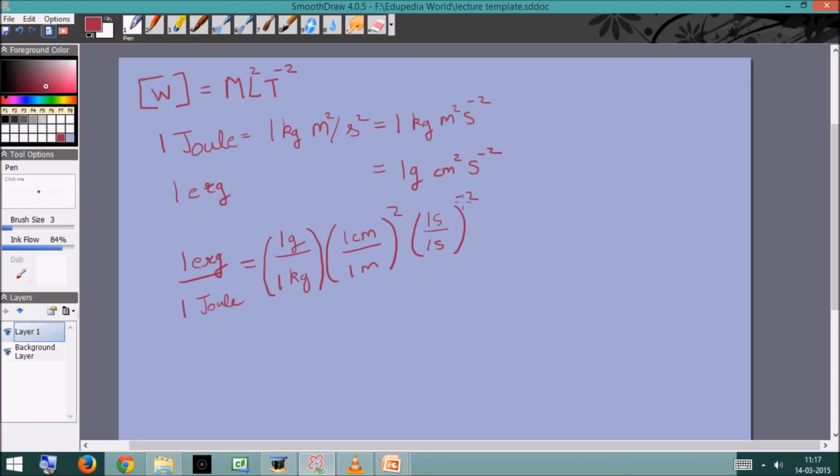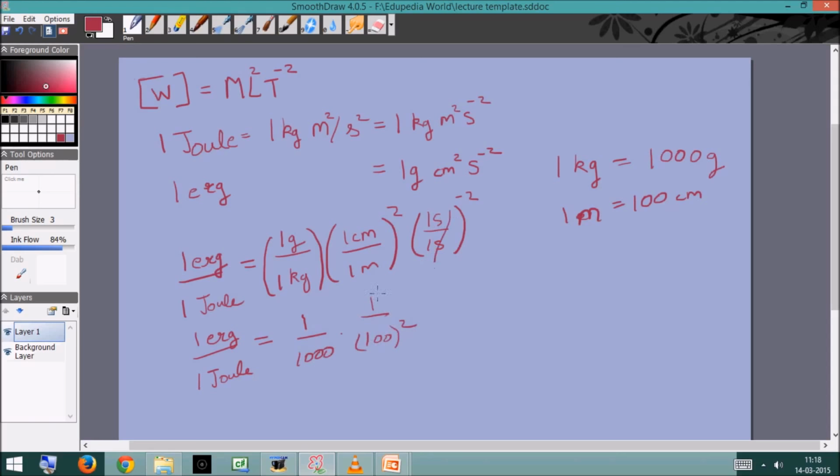Right. Now 1 kilogram, remember the last slide of the previous lecture, kilo means 10 to the power 3. So 1 kilogram is 1000 gram. 1 meter is 100 centimeters. So that means 1 erg by 1 joule equals, here it's 1 by 1000 and here it's 1 by 100 whole square.